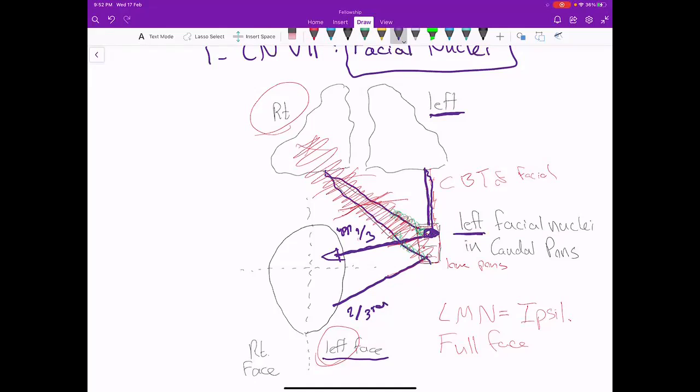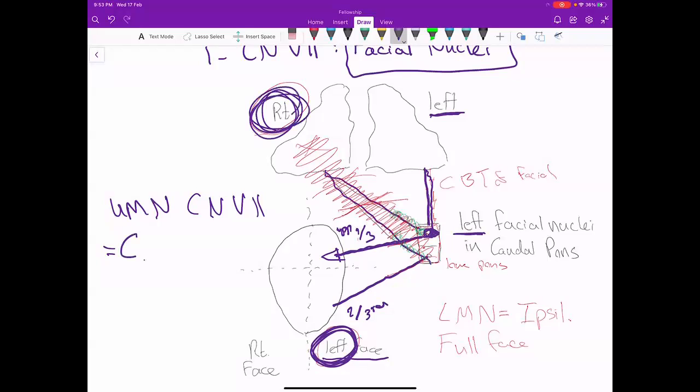So in an upper motor neuron lesion of the facial nuclei, which portion of the face is affected? Left. Where was my stroke? Right. So it is contralateral. And did the entire face get damaged, or did we have sparing of the forehead because of the ipsilateral innervation? We had sparing. So you get forehead sparing. You ask the patient to raise their eyebrows, and they can raise them.